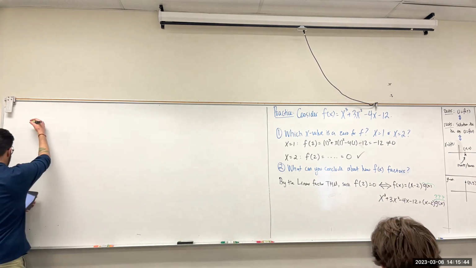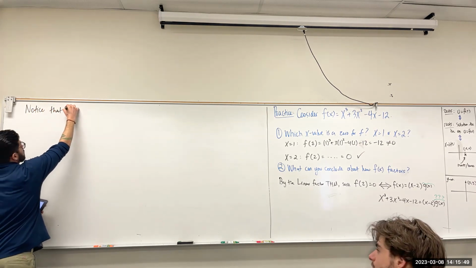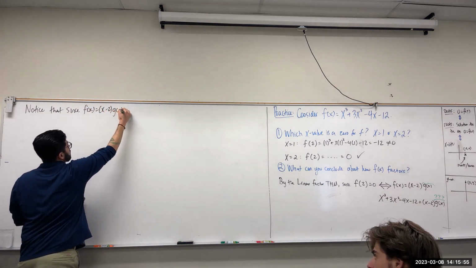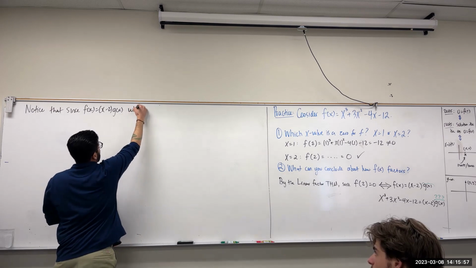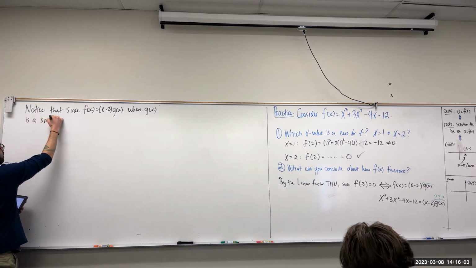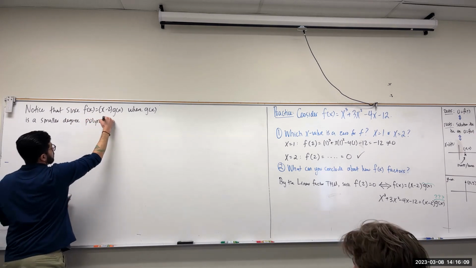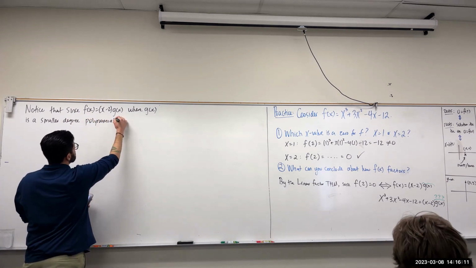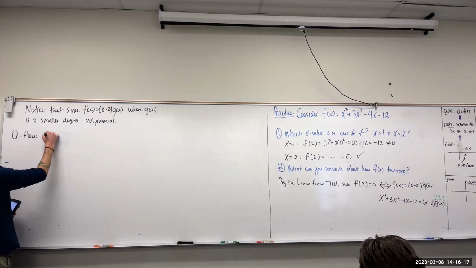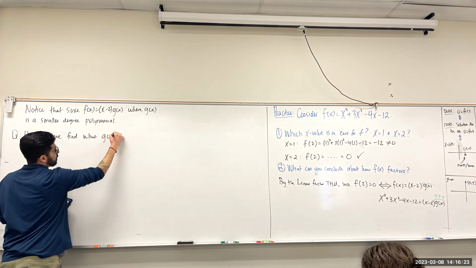So continue from here. Notice that since f of x factors into something like this, where g of x is a smaller degree polynomial, in this case it's 2, the question is, how do we find what g of x equals?